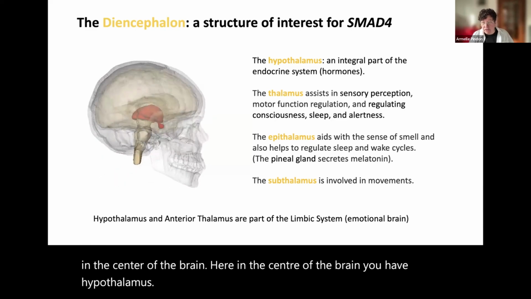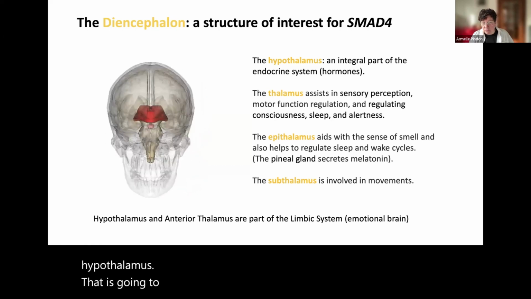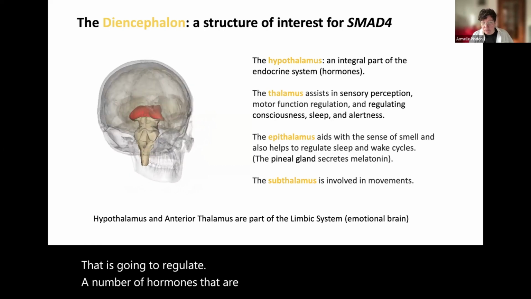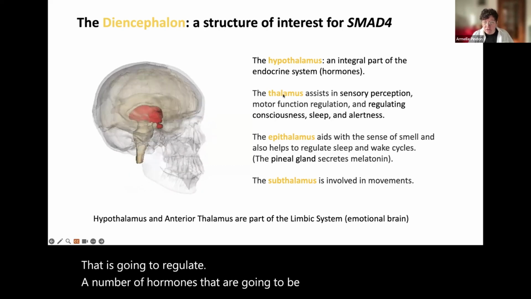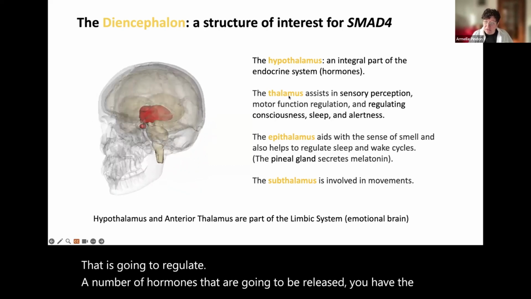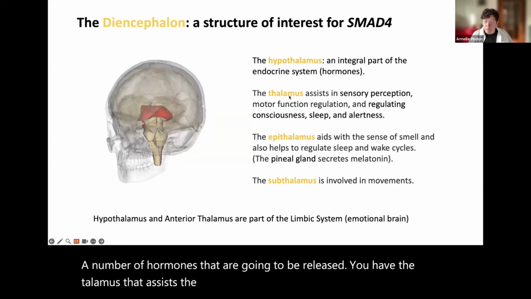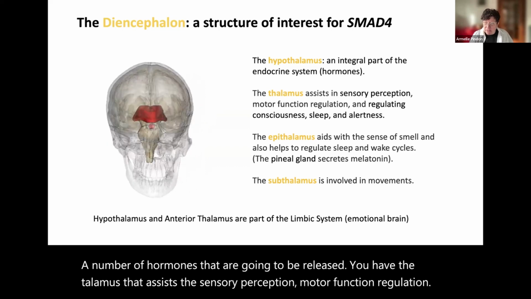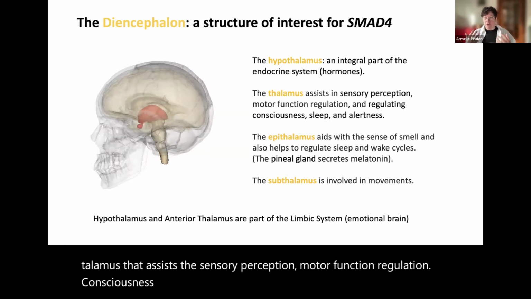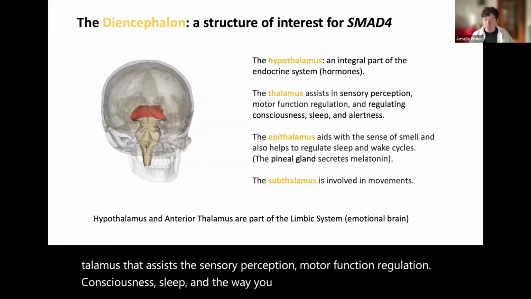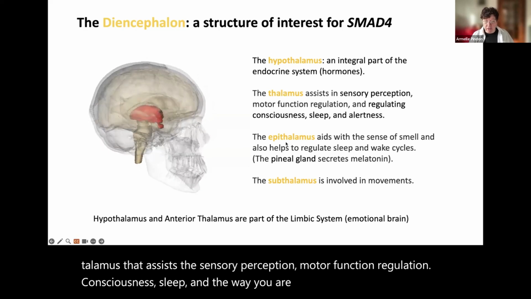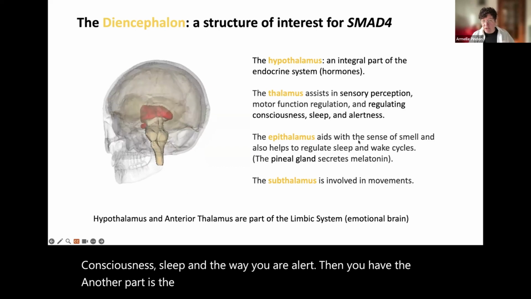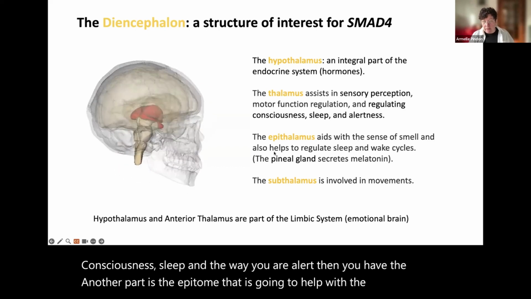that is going to regulate a number of hormones that are released. You have the thalamus that assists sensory perception, motor function regulation, consciousness, sleep, and how alert you are. Then you have another part, the epithalamus, that helps with smell.